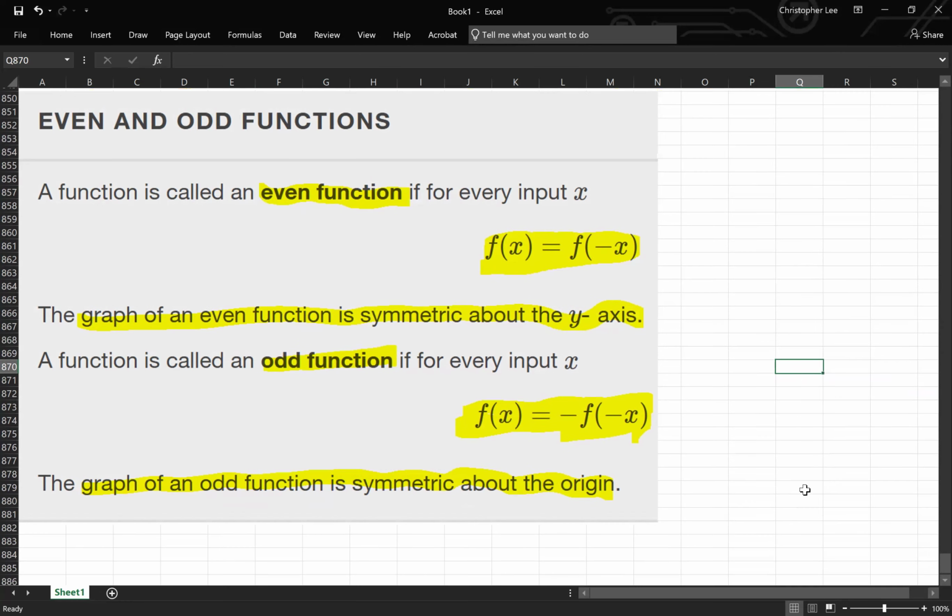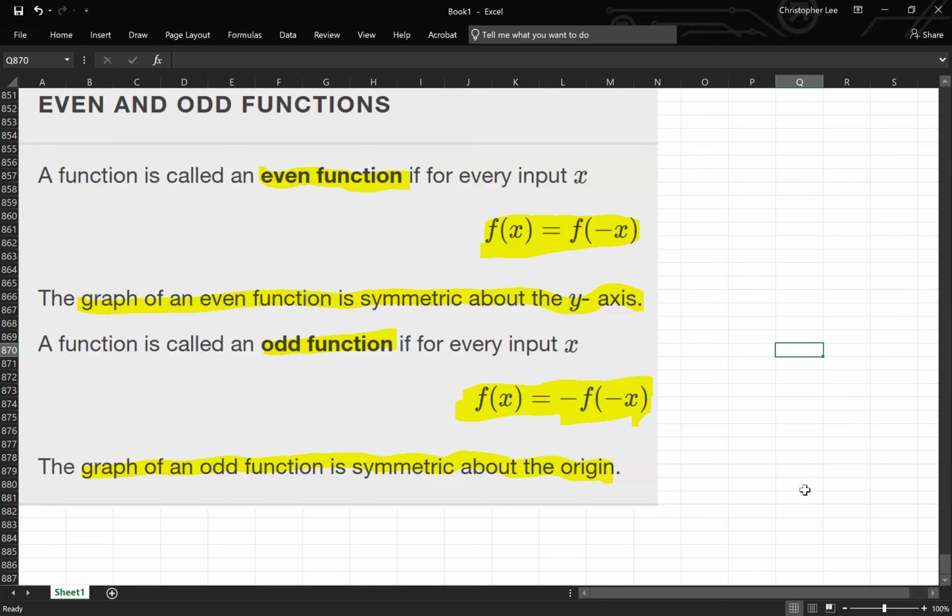A function is called an odd function if for every input of x, f of x is equal to negative f of negative x. So if I reflect it over the x-axis and the y-axis in either order, and I get back to the original function, that's an odd function. The graph of an odd function is symmetric about the origin.